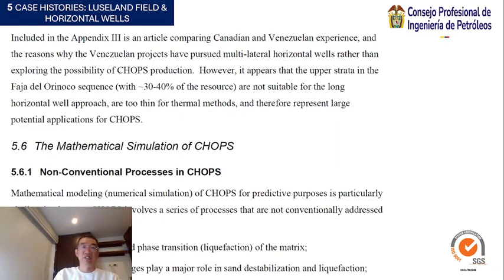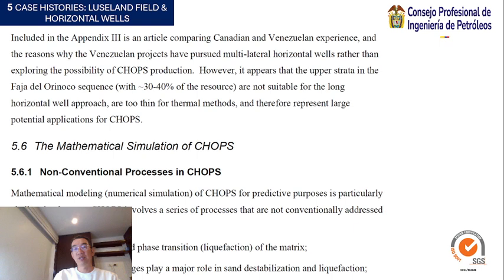Included in Appendix 3 is an article comparing Canadian and Venezuelan experience, and the reasons why the Venezuelan projects have pursued multilateral horizontal wells rather than exploring the possibility of CHOPS production.